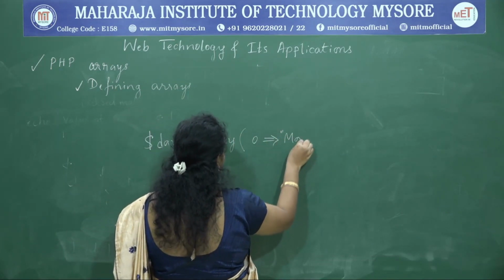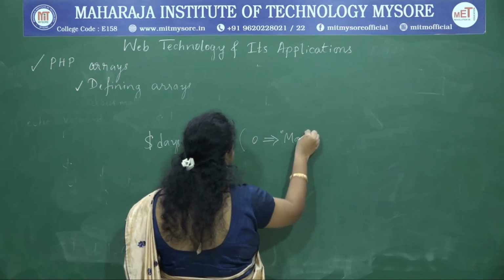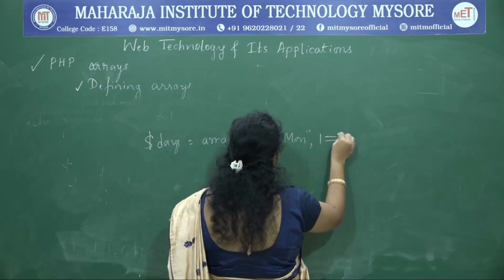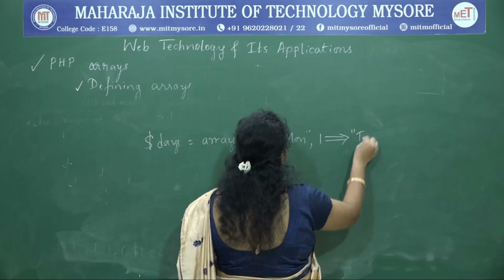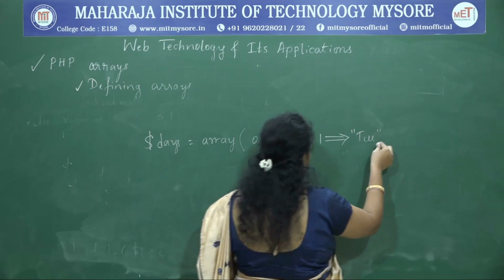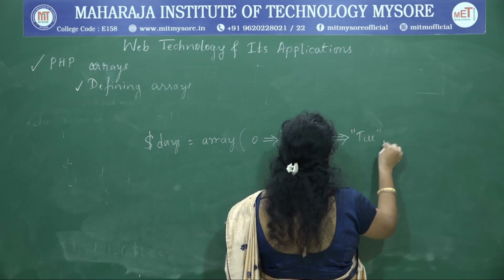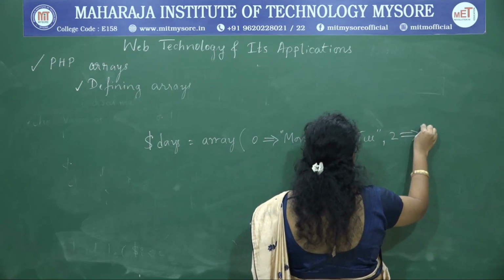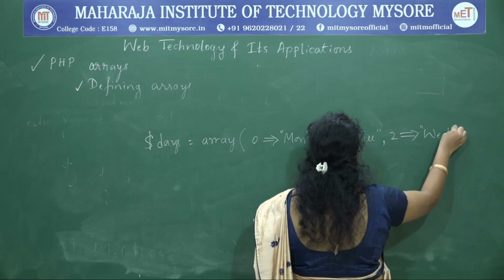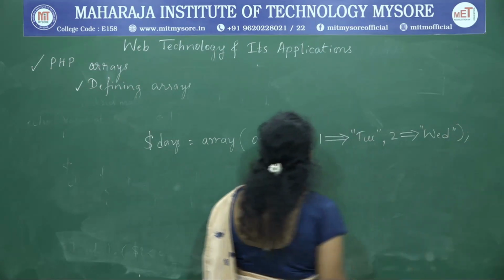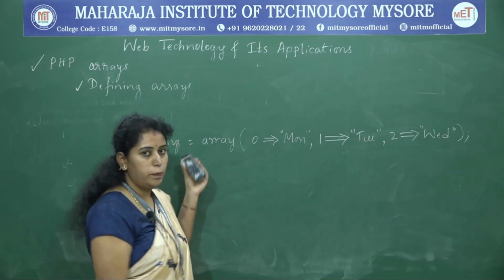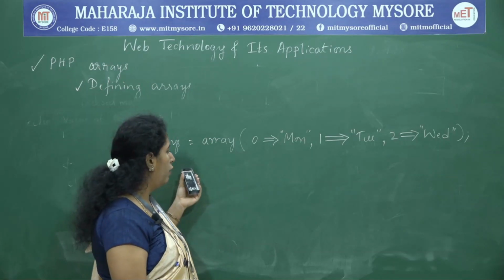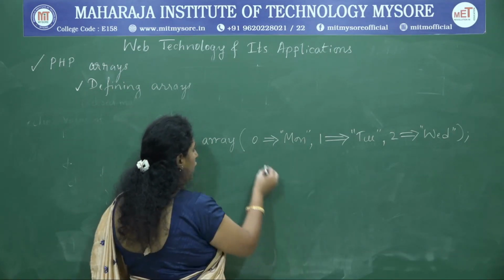For Monday, the key is 0. See how we are supposed to define. Like this. So we are specifying the keys explicitly for array elements in this fashion.